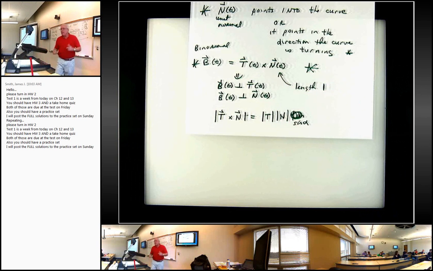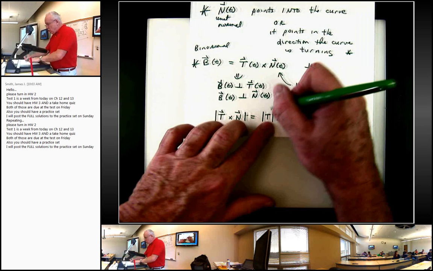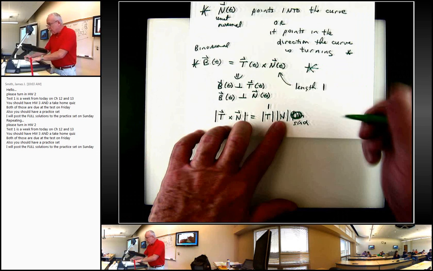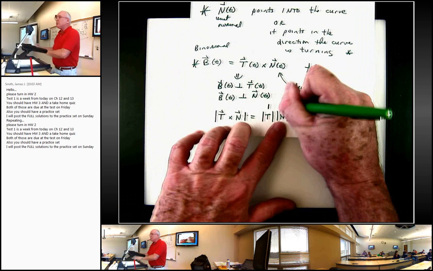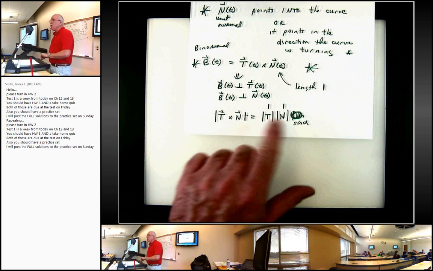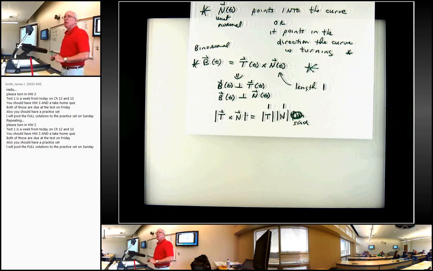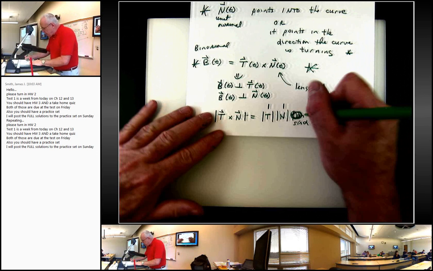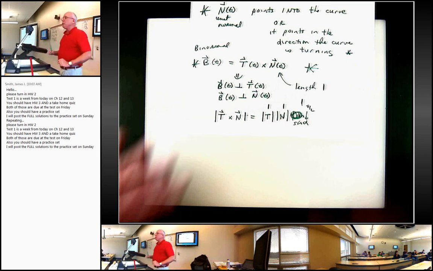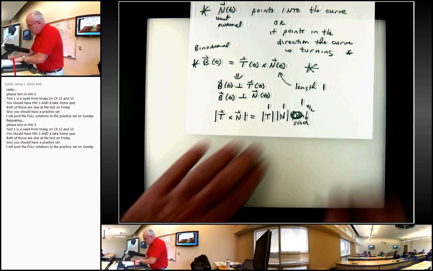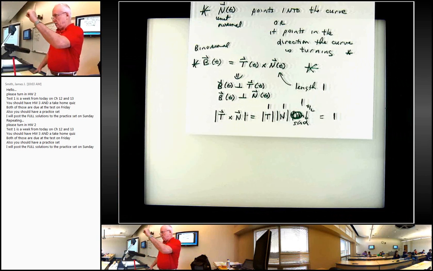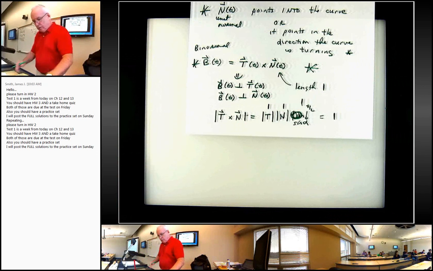In this case, T is a unit vector with length 1, and our normal vector also has length 1. What's the angle between T and N? 90 degrees, or pi over 2. The sine of pi over 2 is 1. So the magnitude of this B vector is also going to be 1, just like the other two.